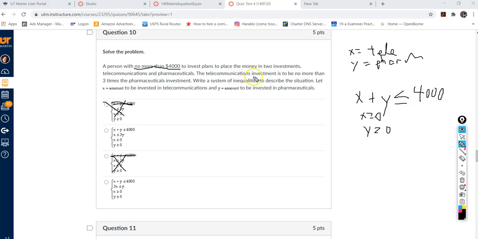The telecommunications investment. Okay, so the telecommunication investment, that's X, is to be no more than 3 times the pharmaceutical investment.